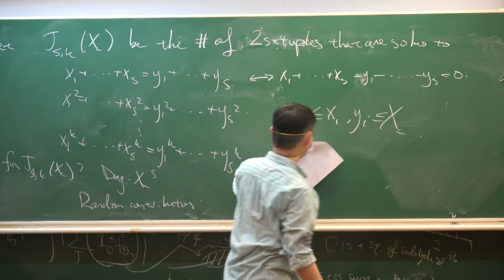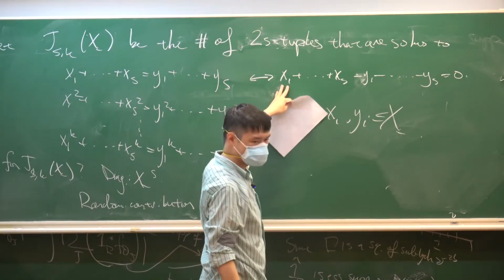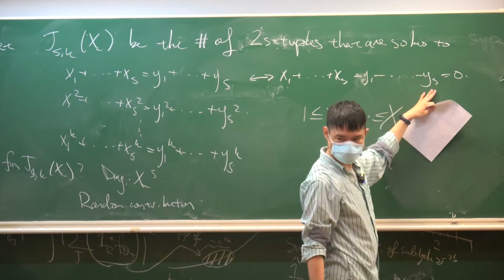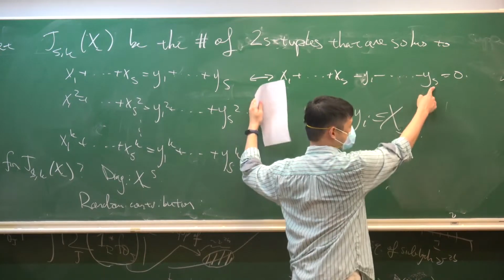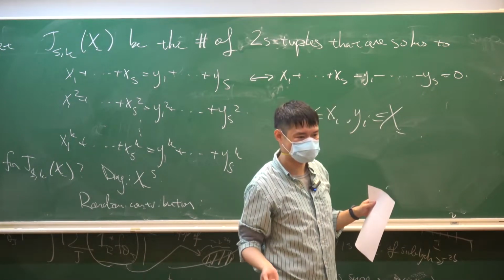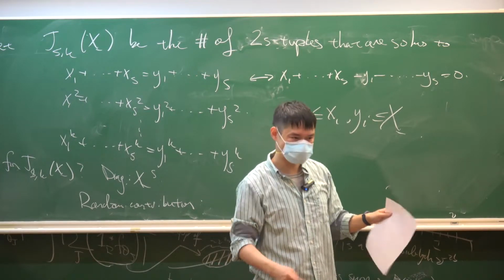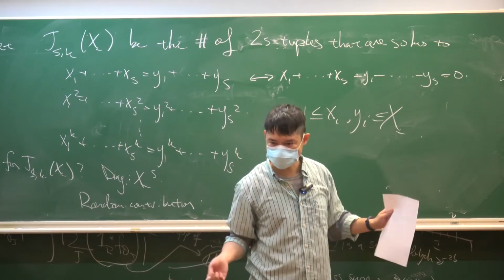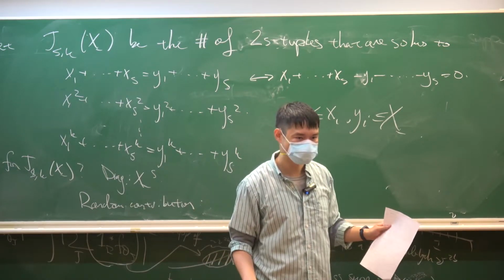So for each random 2s tuple, I compute this guy. It's a random number between basically minus sx and plus sx. What's the probability it equals 0? Well, it's a 1 in x chance, ignoring the s.